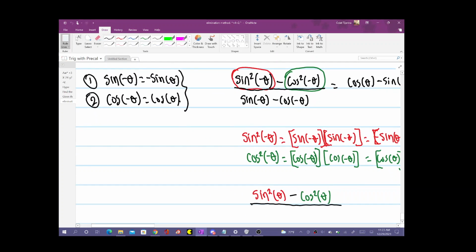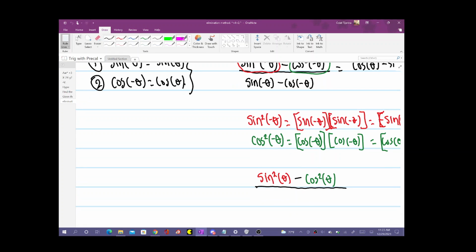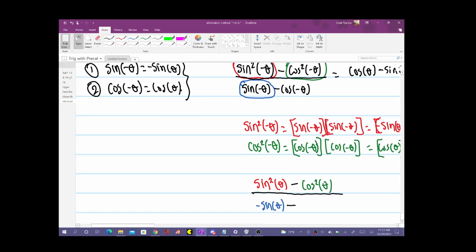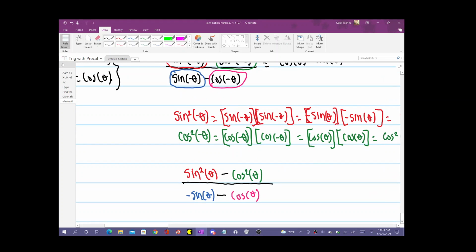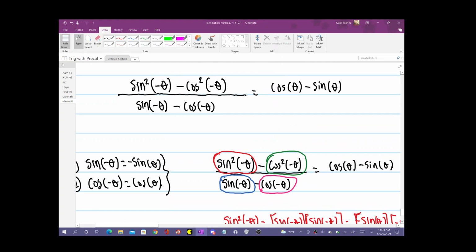Remember I said sine of negative theta is negative sine of theta. So we're gonna plug in, let me use a different color. We're gonna say negative sine of theta. And then minus cosine of negative theta, which is this one right here, is gonna be cosine of theta, because cosine of negative theta, like I said, is cosine of theta.